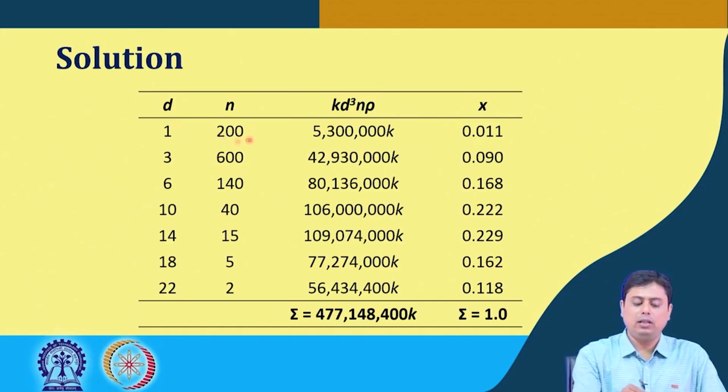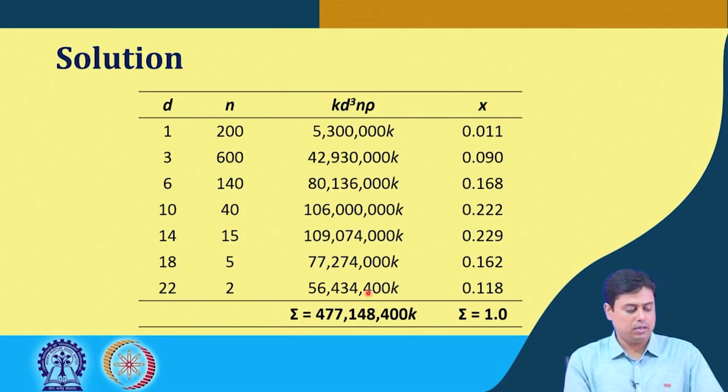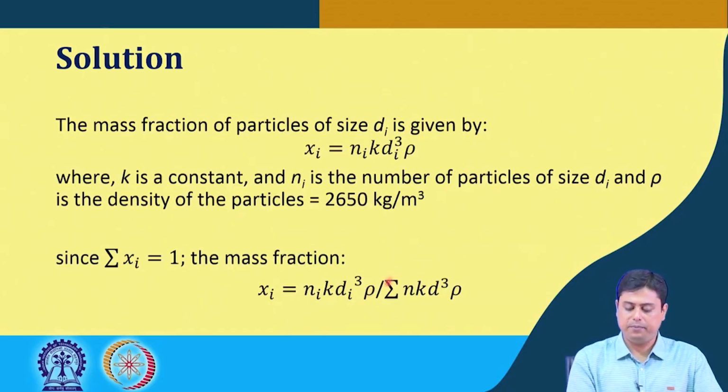Similarly, for all the d sizes, we can calculate this particular parameter. Then we sum it up and we calculate the overall value of k d cube rho. Fine. So this gives this part, the denominator.